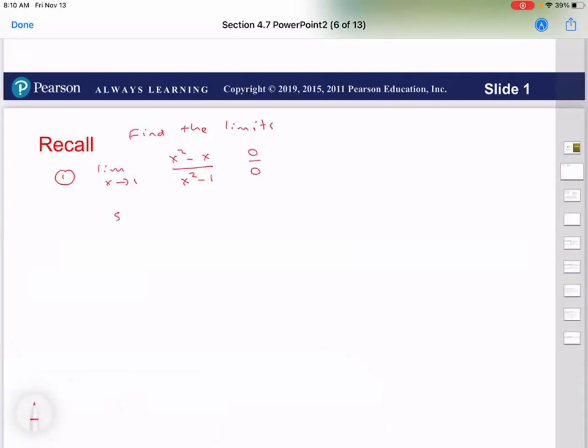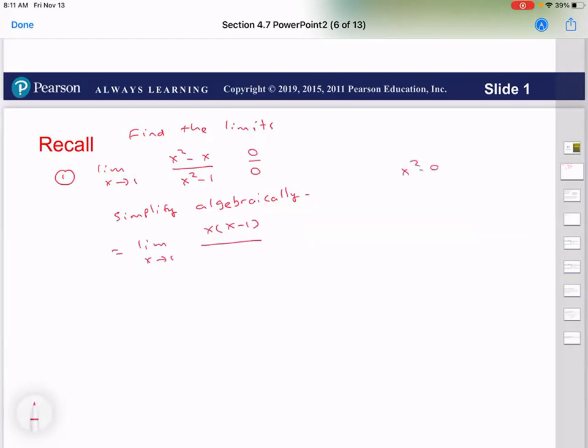In other words, simplify algebraically, right? Yes, so is that right? So what we do, limit as x approaches 1. In the top, you can factor x. What is left? x minus 1. In the bottom, what do you get if you factor x squared minus 1?